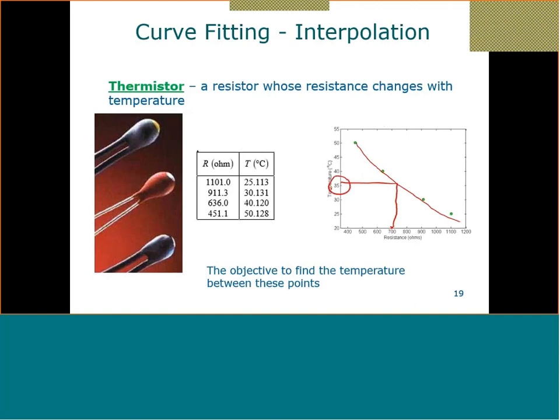Basically, the thermistor is a nonlinear device that can be used to measure the temperature by measuring its resistance. So we measure the resistance, and then from that we convert it back to temperature. Now we will have detailed examples later on about how to implement the curve fitting here in the thermistor.